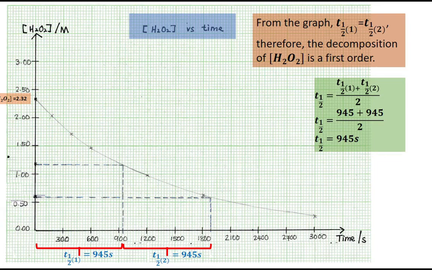To find out the half-life, you need to find the average of half-life 1 and 2 from the graph. You will get the value of half-life is 945 seconds.